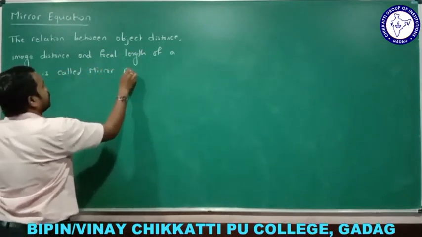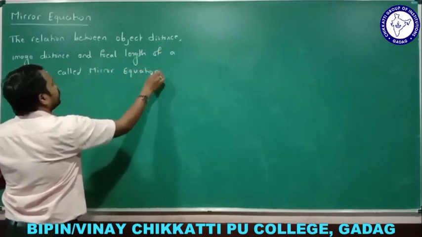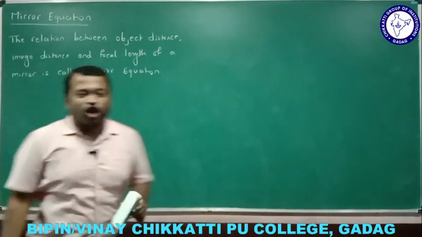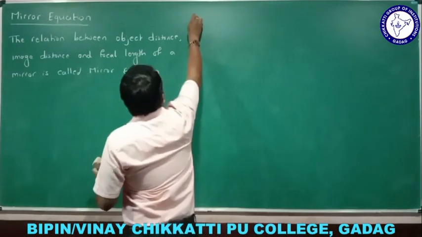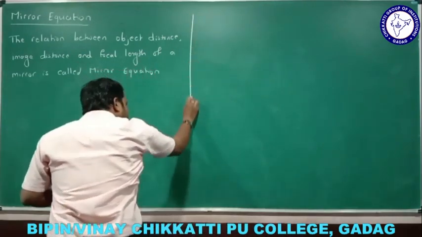Simple. What is the mirror equation? It is the relationship between object distance, image distance and focal length of a mirror. Let us check it out like this.